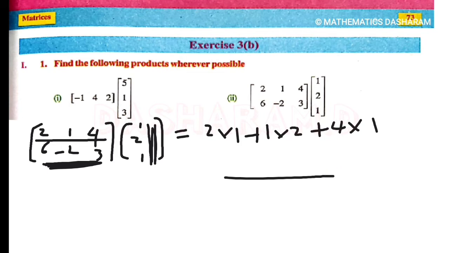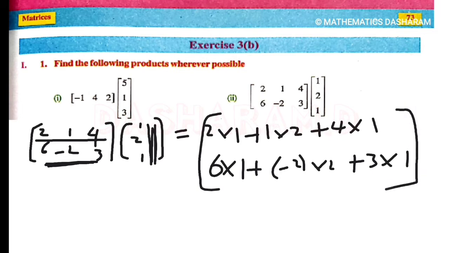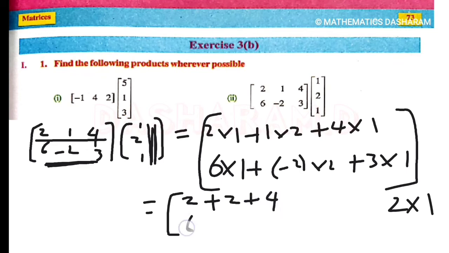Next, 6 into 1 plus minus 2 into 2 plus 3 into 1. Finally, the order is 2 rows and 1 column. So it equals: 2 ones are 2, 1 into 2 is 2, 4 into 1 is 4, 6 into 1 is 6, minus 2 into 2 is minus 4, 3 into 1 is 3.